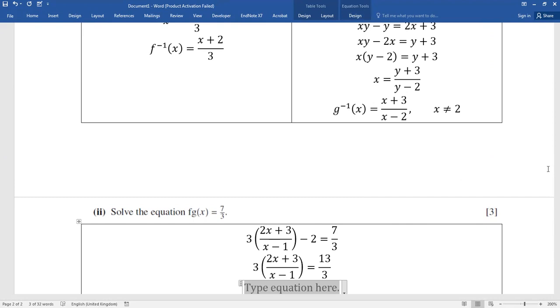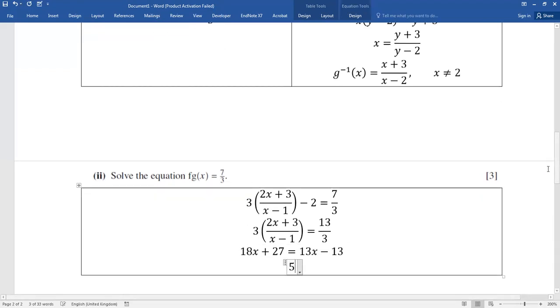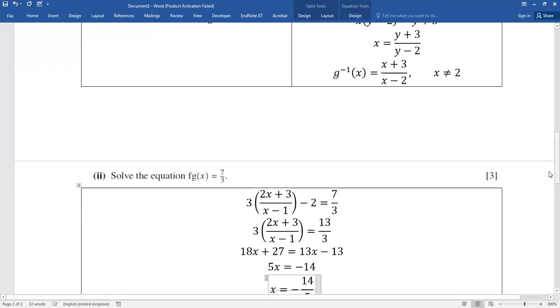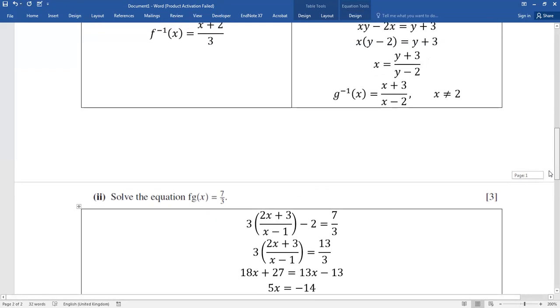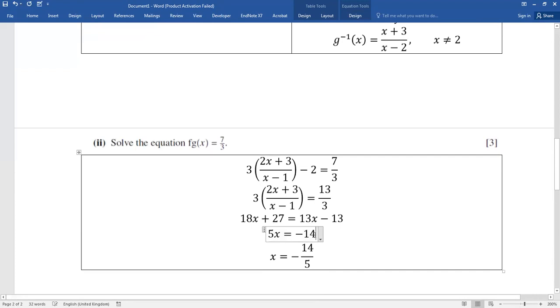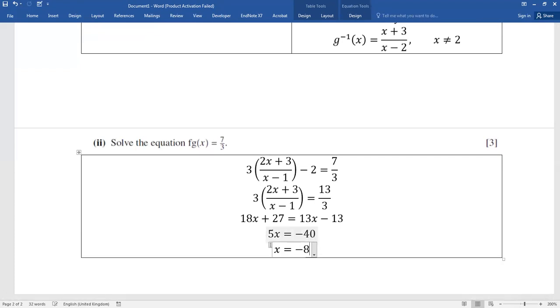Then I cross multiply: 3 times 3 is 9, 2 are 18x plus 27 is 13x minus 13. 5x is minus 14. x is negative 14 over 5. Minus 27 and minus 13 will be minus 40, and then this is minus 8. Minus 8?